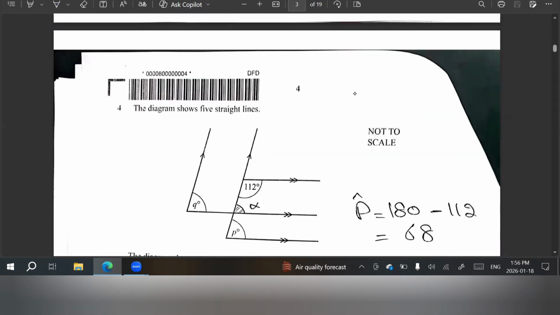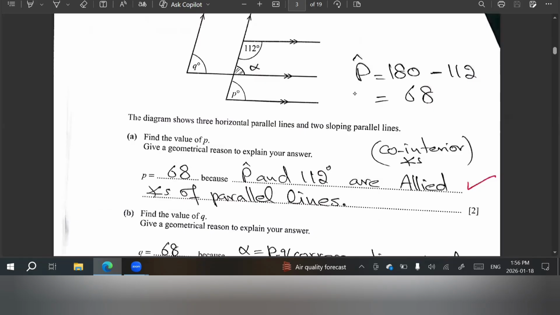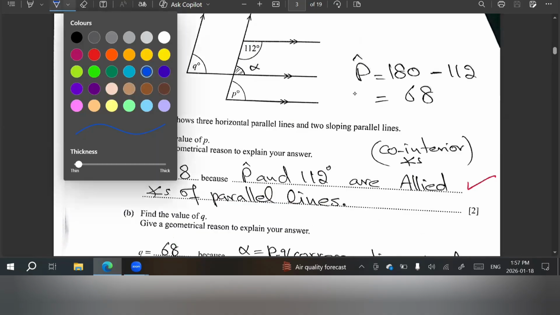So we can easily tell that P will be equal to 68. The reason is that P and the 112 are co-interior angles, they are allied angles. Their sum is equal to 180. So P will be equal to 180 minus 112, and so you will have 68.